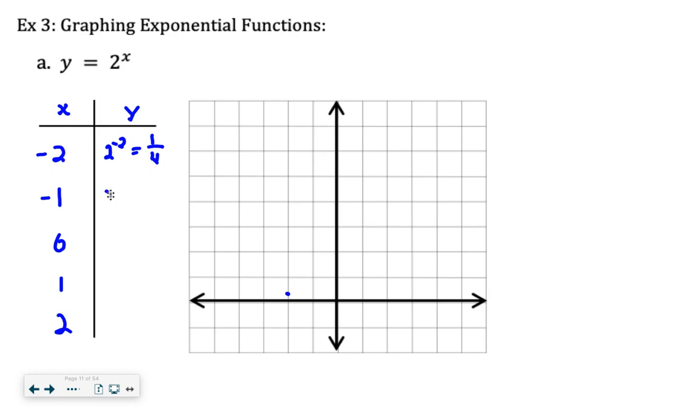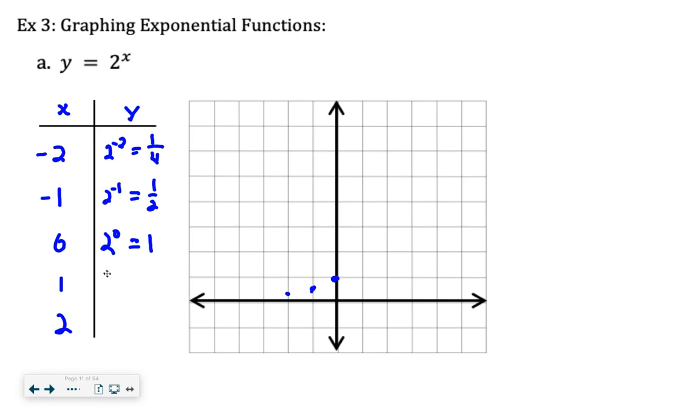If I plug -1 in, 2 to the negative first would be 1 over 2 to the first, or 1/2. So the point -1, 1/2 is on my graph. If I plug in 0, again, we just talked about this property, any number to the 0 power is equal to 1. So the point 0, 1 is on my graph.